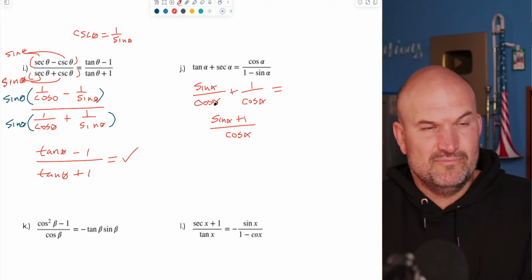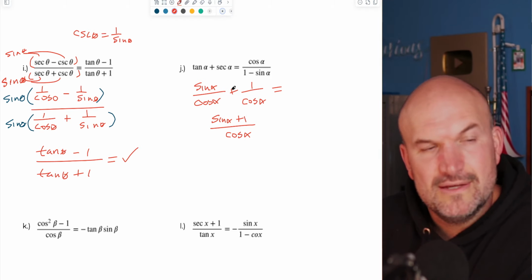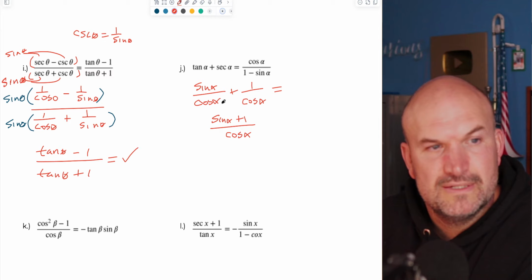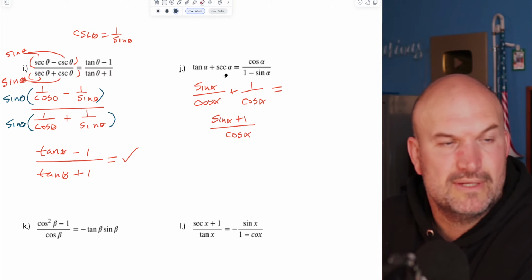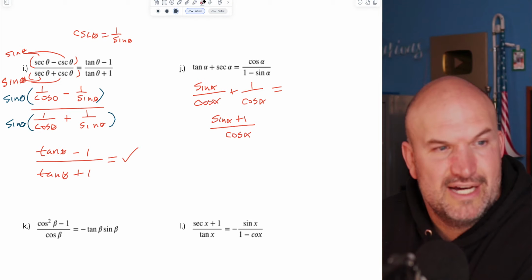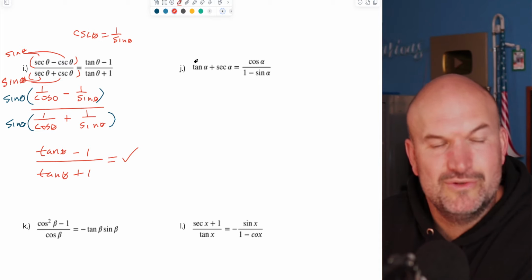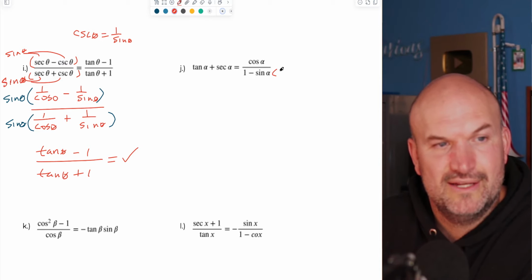And I guess I just could have rationalized the denominator. I could have created this and gotten rid of it. Let's actually try that. Well, yeah, because then you're going to want to multiply by the conjugate again. So why go through all that work? Sorry, guys, I have some experience with this. So in this case, you could do it that way. And if we don't get the right answer, then I'll do it this way.